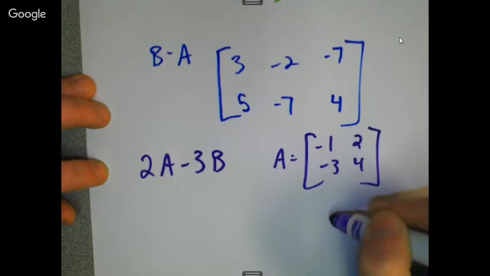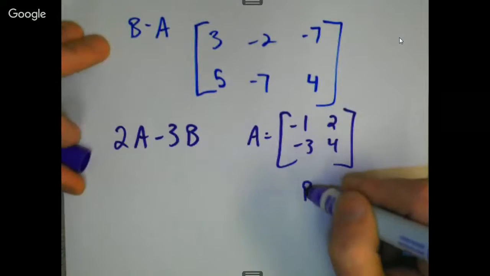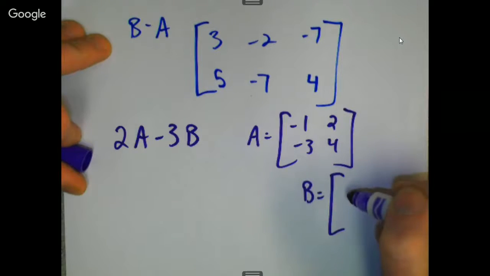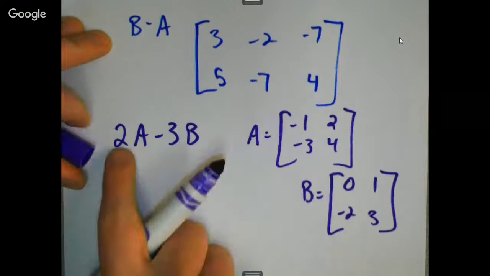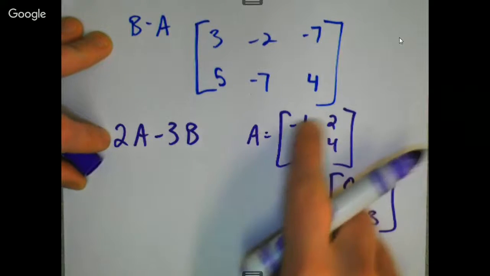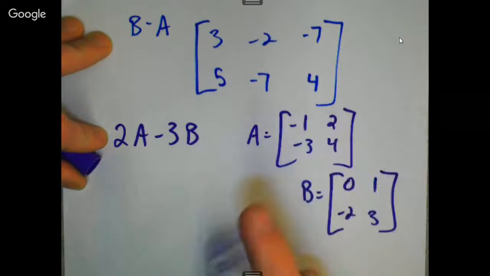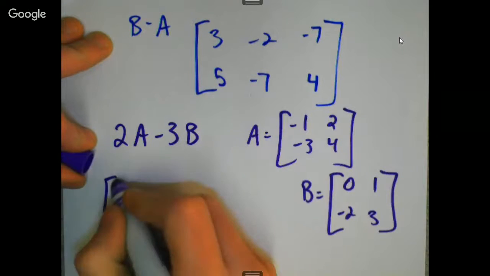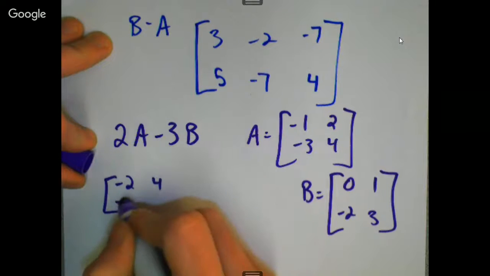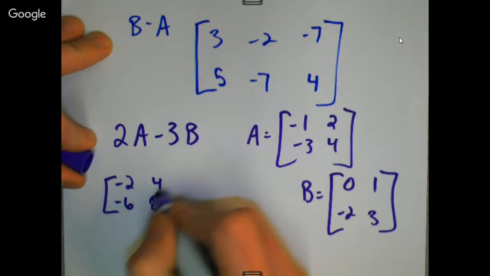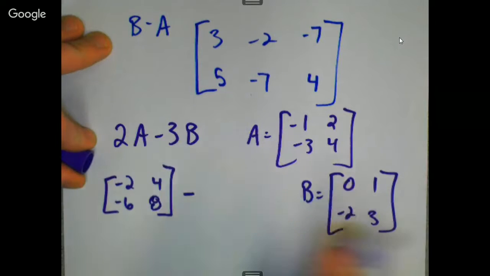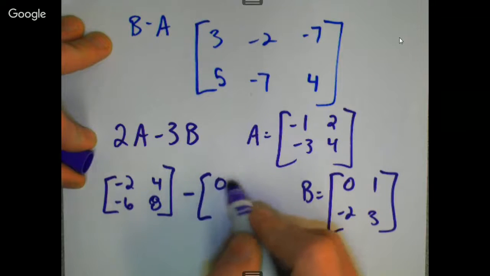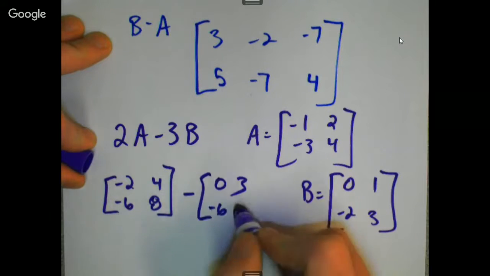So there's A, here's B. And we're going to take 2 times the A matrix. So we're just going to take 2 times every number in there. So -2, 4, -6, 8, minus, and then we're going to take 3 times everything in your B. So it's 0, 3, -6, 9.